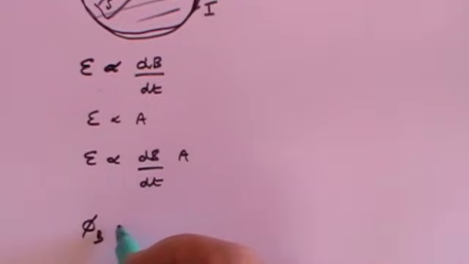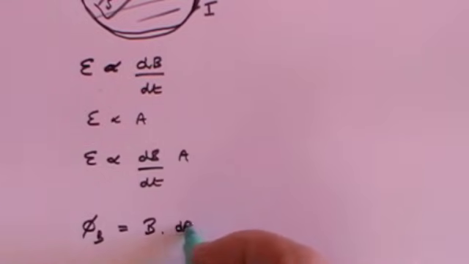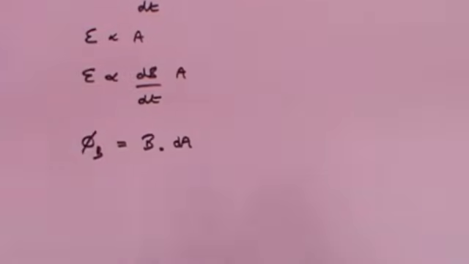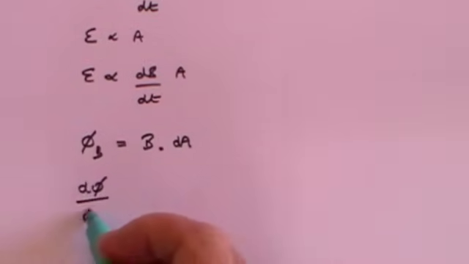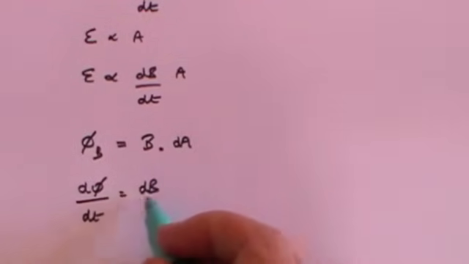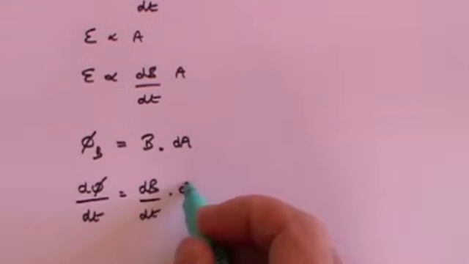So flux is equal to B, in this case magnetic flux, times the area, and it's a dot product, remember, because it critically depends on whether the window you're putting the flux through is at 90 degrees to the field or not. So if phi, the magnetic flux, is equal to B dot dA, then d phi by dt is going to be dB by dt dot dA.